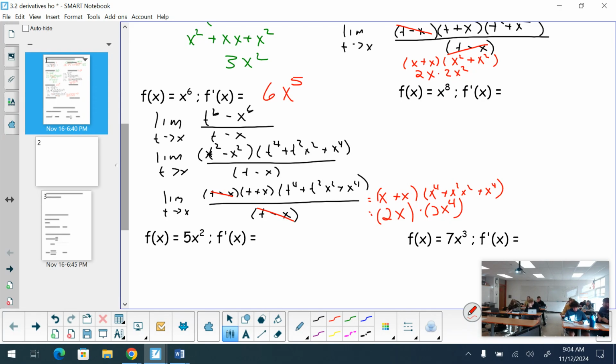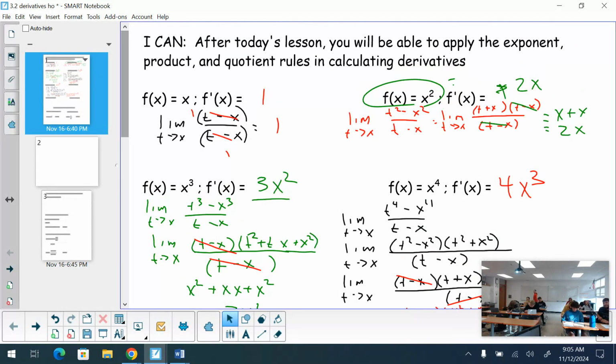All right, let's take a look at patterns here. Yes, if we wanted to, we could go x to the 8th and go hog wild on x to the 8th. But just take a look at what is occurring here. If I have x to the 1st, my solution is just x. If I wanted to, this would be x to the 0th power, because anything to the 0th power is 1.